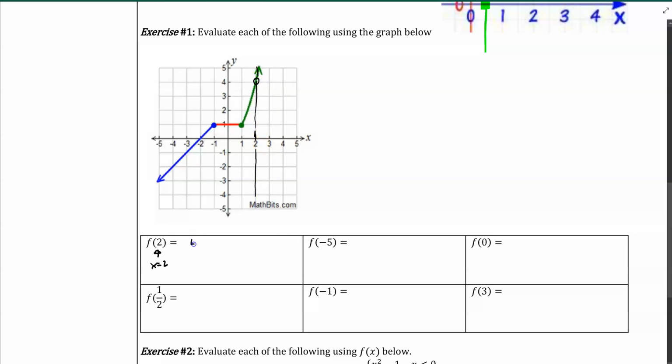So f of 2 equals 4. Okay, what about f of -5? Well, x value has -5 over to the left, and so we can see that it touches the graph at the y value of -3, and so f of -5 is equal to -3.